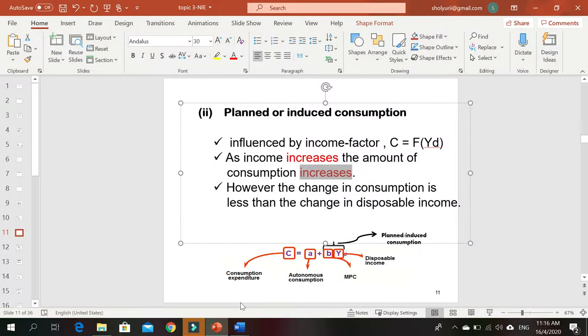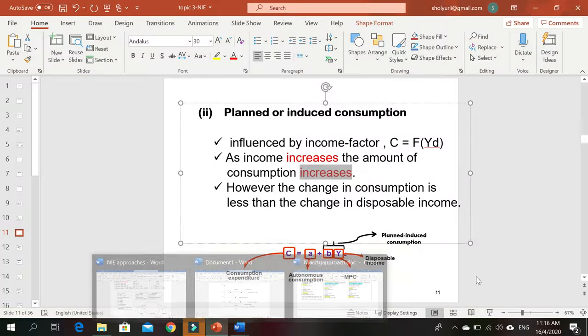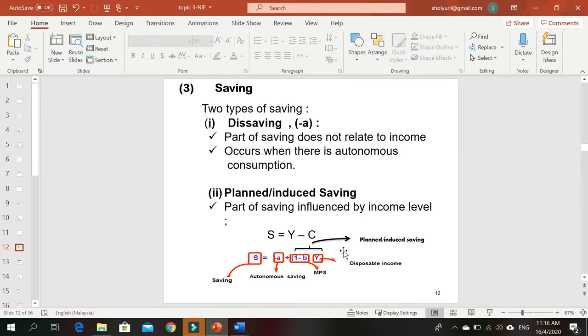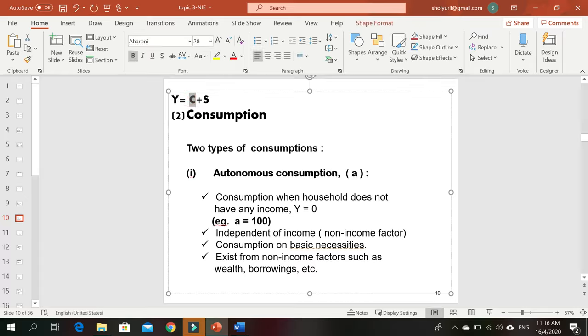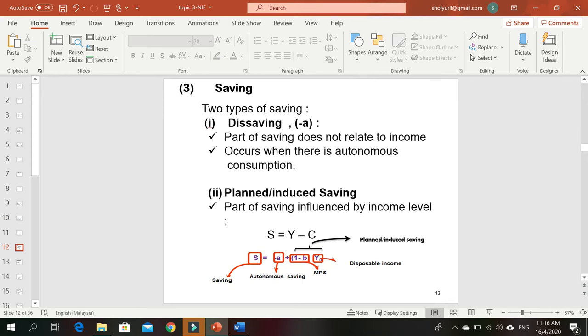Okay, so here kita tengok bahagian saving pula. Sebab tadi saya bagi tahu kita tengok yang ni, C beres dah. Okay, sekarang tengok S pula. Apakah komponen S? Two types of saving.